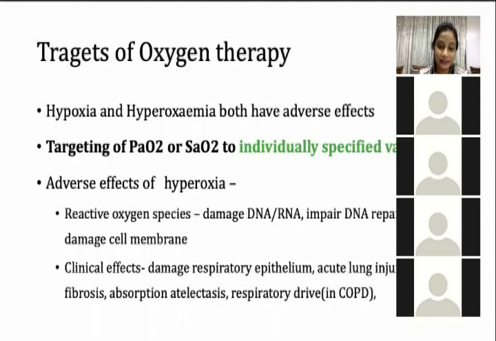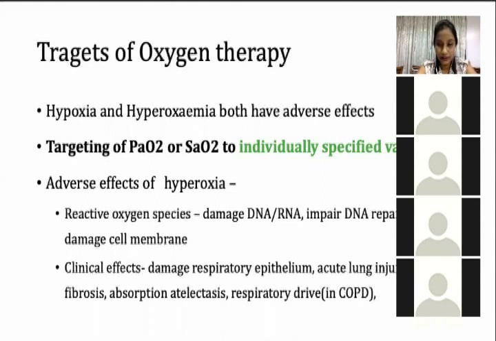But when the patient is being given a very high percentage of oxygen for a long duration, there can be a production of reactive oxygen species with your metabolism, and they can damage your DNA, RNA, and cell membranes, and then the cell integrity would be lost. The clinical features mainly affect your respiratory system, and not only the respiratory system, generalized vasoconstriction can also occur.